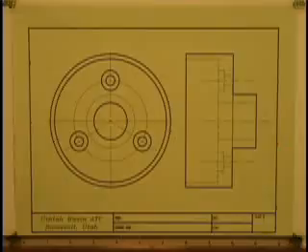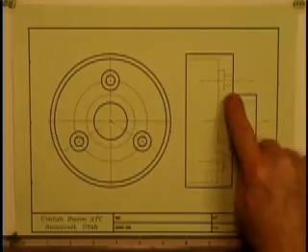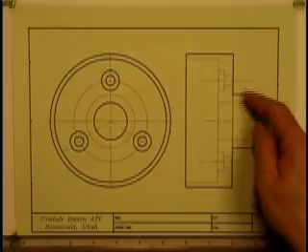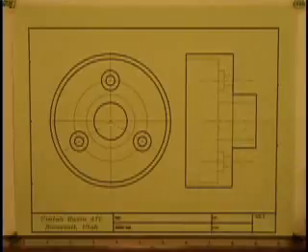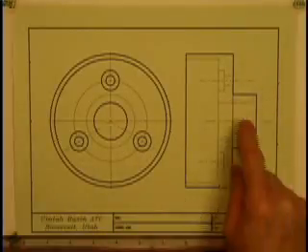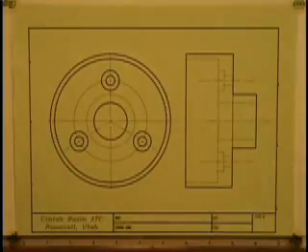And some of the object lines that you see will in turn have to be taken out altogether. For this line, for example, that line represents the outside edge of this cylinder as it wraps around. And once we slice it down the middle, we won't see that edge anymore. All we'll see is the inside stuff, which is all these holes that are represented by the hidden lines.